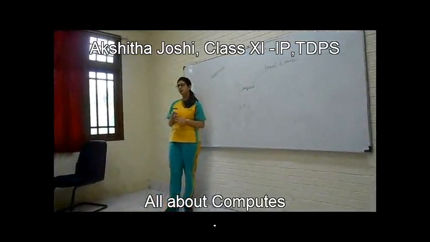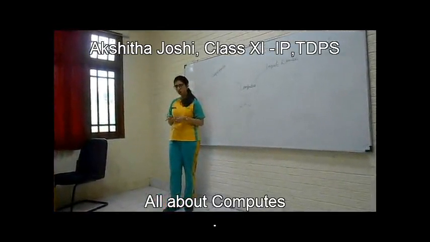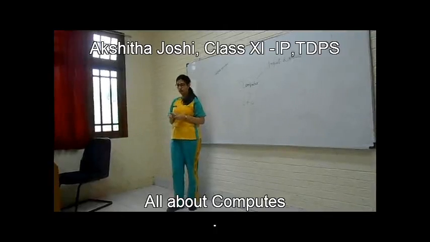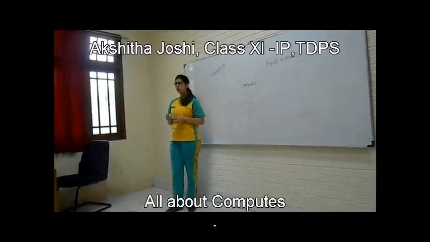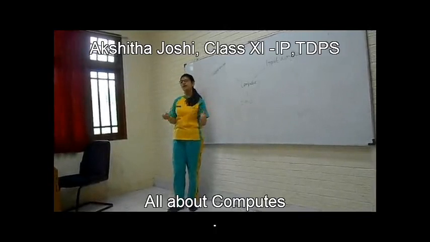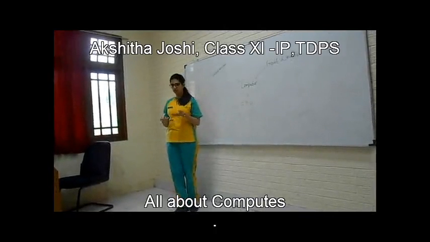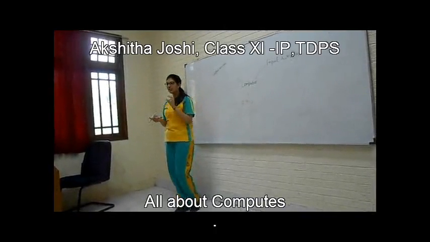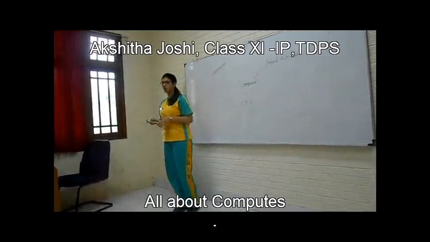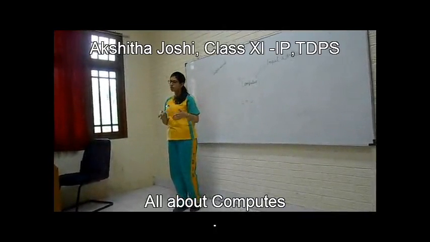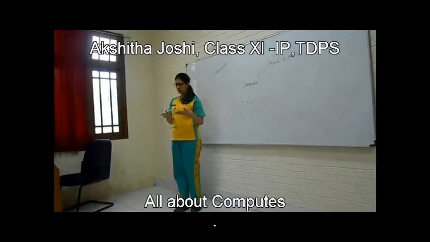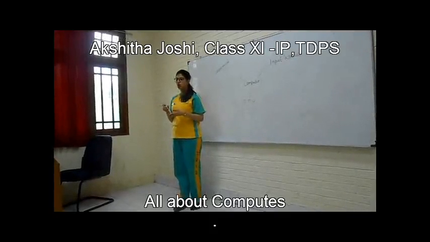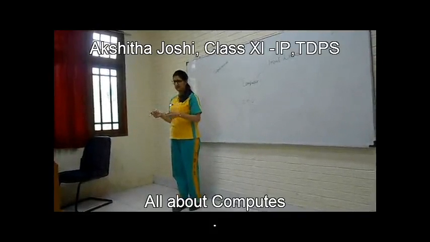Input devices are those devices that the user uses to input raw data into the computer. When we use a keyboard or a mouse, we are inputting data. A press of a key on the keyboard transmits a signal inside the computer, which sends the data that we want and processes it further.